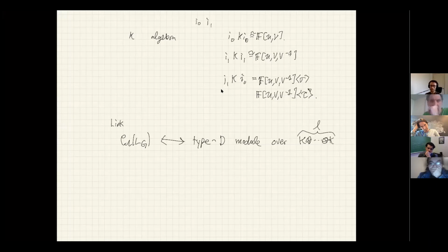K corresponds to a link component, and you can think of this as a type D module over this algebra. And there's another module that merges two components together, a DA bimodule, using the Lipschitz, Ozsvath, Thurston notation.